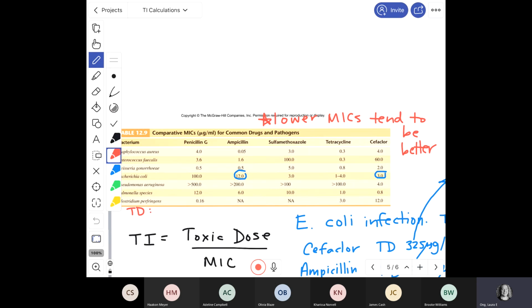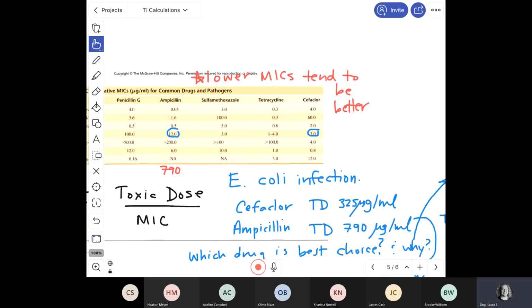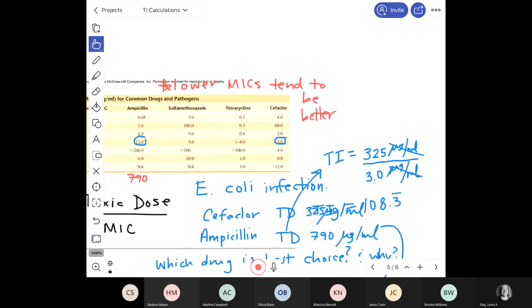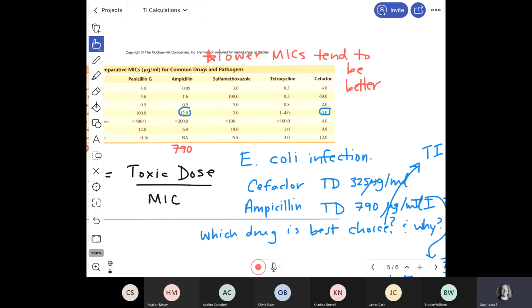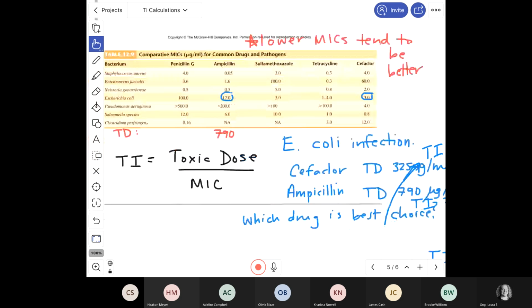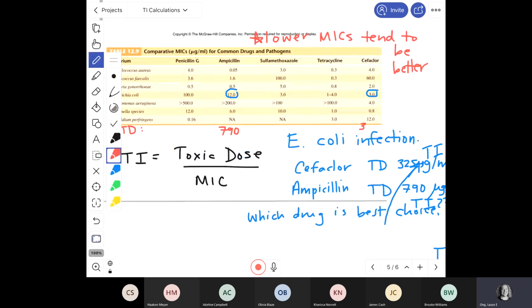We said the toxic dose for ampicillin was 790, and the toxic dose for cefaclor, 325. So what I'm writing in red underneath each drug is the toxic dose. And I'm making these up. They're totally made up. On the exam, I give you some more realistic actual numbers for toxic dose.